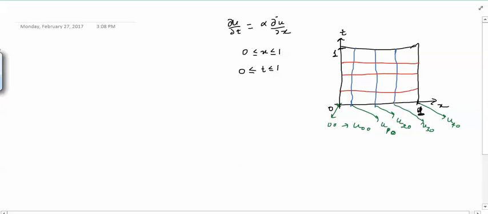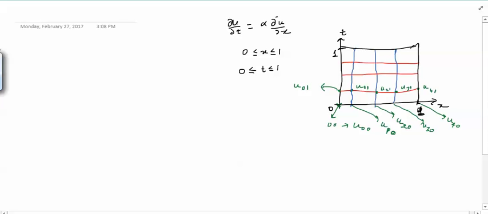Similarly, when you move one step in the t direction, but x is 0, this is u 0 1. Here x is 1 and t is 1, so u 1 1. This is u 2 1, this is u 3 1, and this is u 4 1.